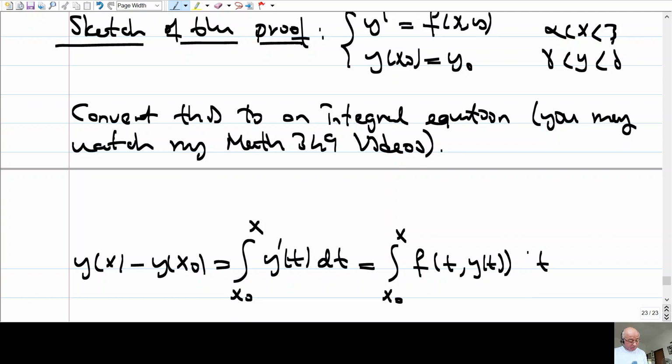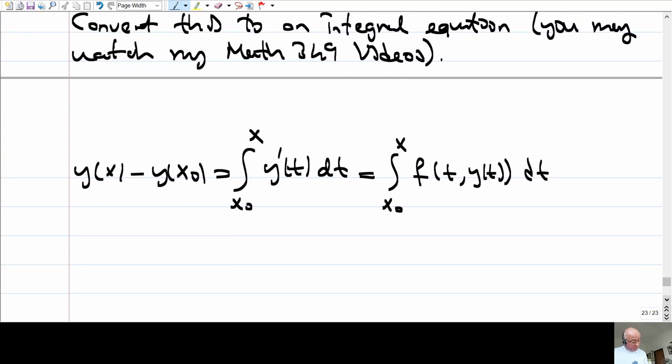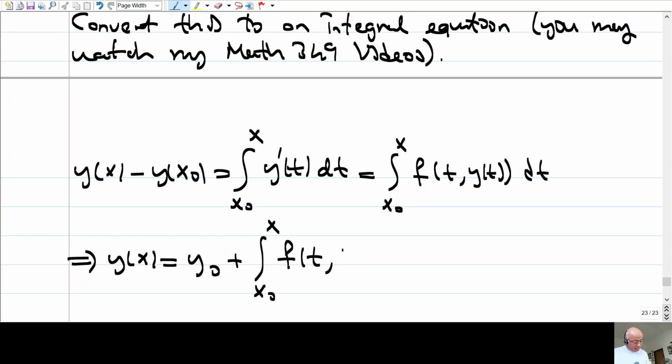So from this, we see what? y of x is equal to, y of x0 is just y0, and I take it to the other side. So I have y0 plus the integral from x0 to x of f of t, y of t dt.